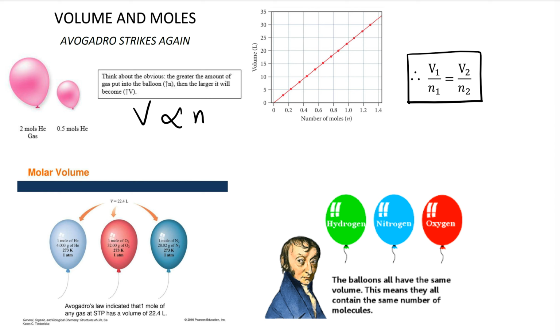Any gas, it doesn't matter what type, could be helium, hydrogen, oxygen, nitrogen, carbon dioxide, whatever gas. It doesn't matter the identity or the chemical formula. 1 mole of that gas is going to occupy 22.4 liters of space.